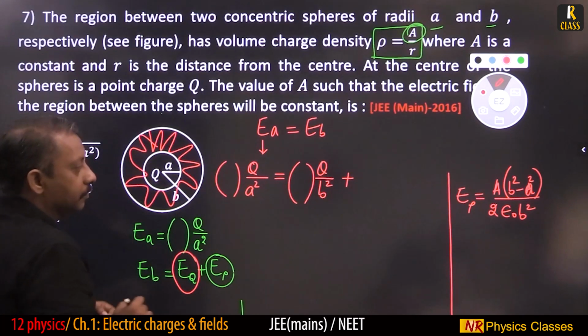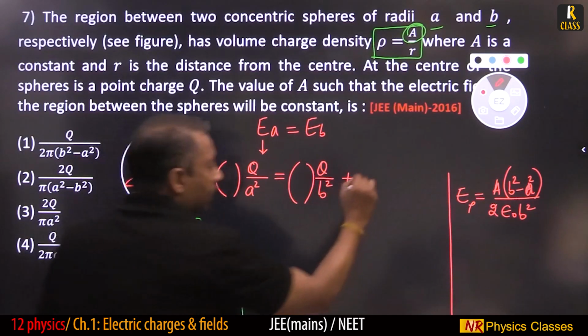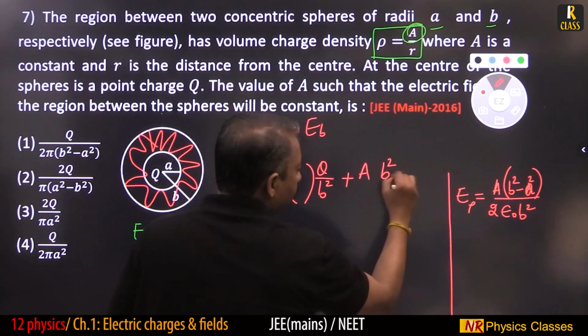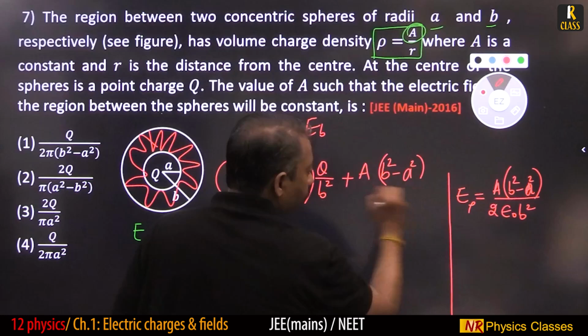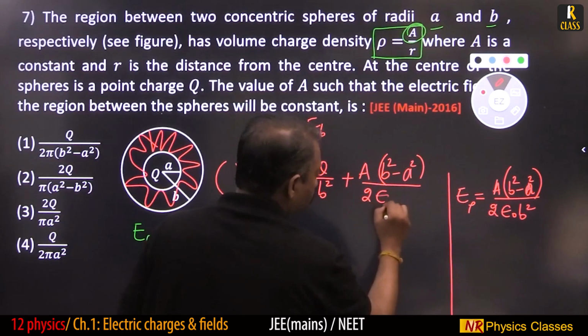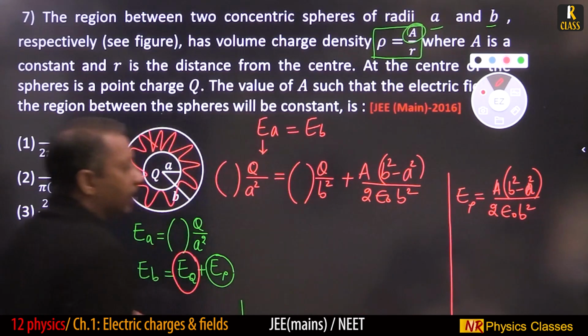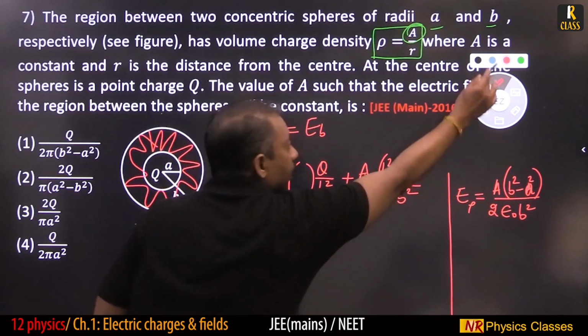That electric field is a b square minus a square by 2 epsilon naught b square. Now we have to solve for A, and here is A.